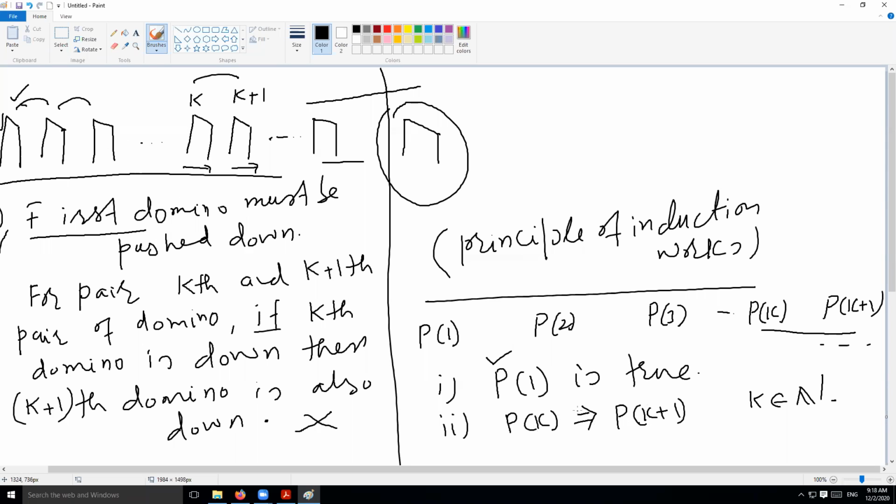So what would be the natural consequence? The natural consequence is going to be, I know that the P of 1 is true. And since the part 2 is true, the P of 1 will imply that P of 2 is true. And again, from part 2, the P of 2 will imply that P of 3 is true, and P of 3 will imply that P of 4 is true. Similarly, every P of k implies that P of k plus 1 is true.